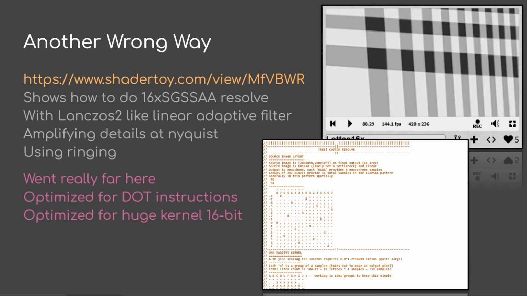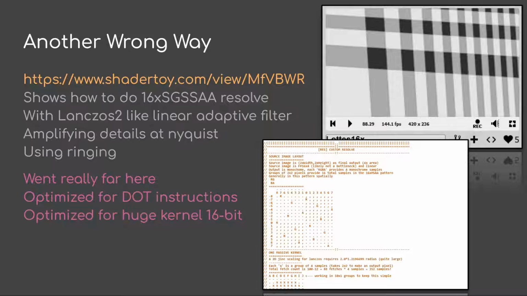This one is perhaps the most useful one of doing it the wrong way. This one was showing how to do a 16x SGSSAA resolve. The hardware doesn't really do 16x MSAA, so this is all synthetic, meaning something you might do in a compute shader, not with raster. It was using a Lanczos 2 approximation, but doing it in linear space with an adaptive filter.